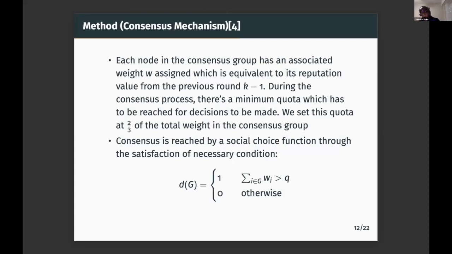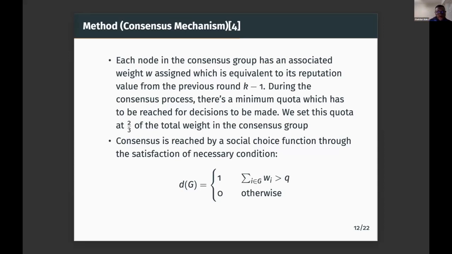So from the previous equation 4, the verification commit that is sent by each node in the consensus group constitutes a consensus vote. And then this vote is summed up in the process of arriving at the consensus. And then we set the quota as 2/3 of the total weight in the consensus group.